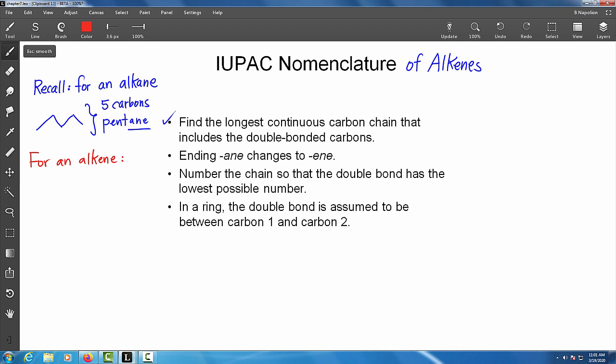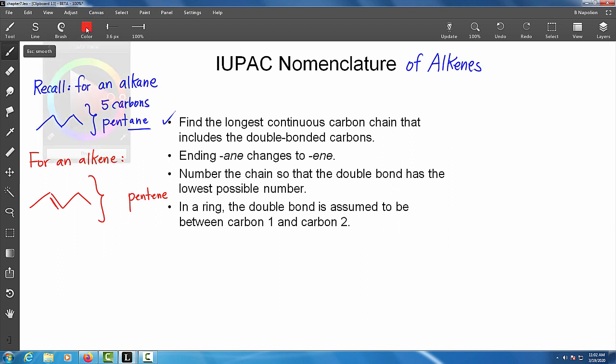Now this alkene will contain a double bond. So let's make a 5 carbon chain, and I'm going to put the double bond right here. Now this is going to be some pentene.